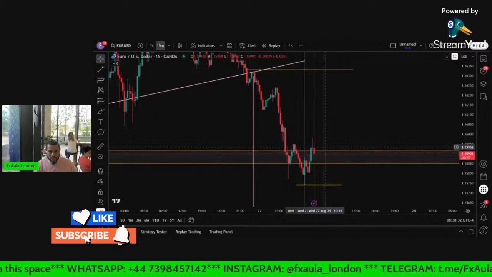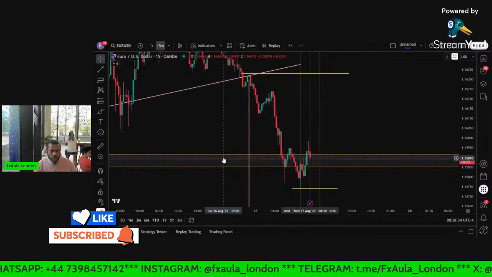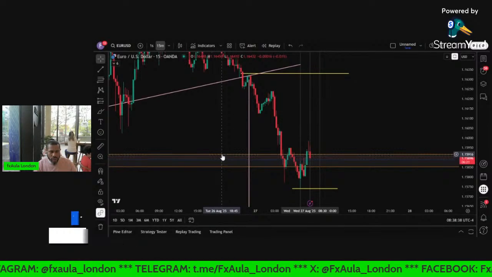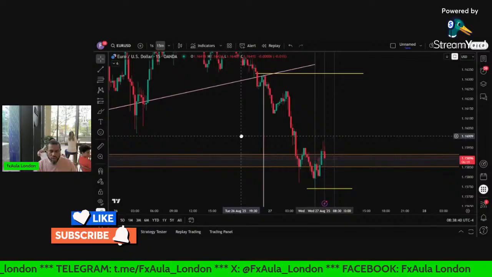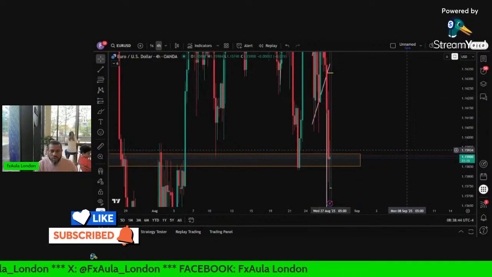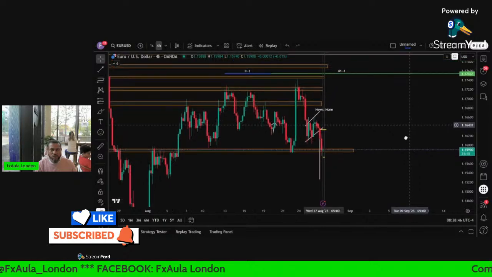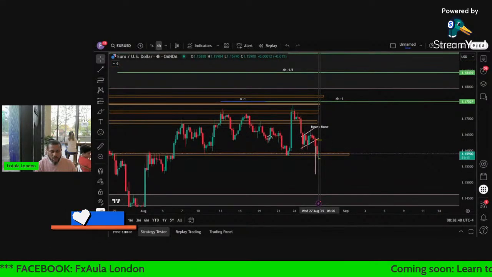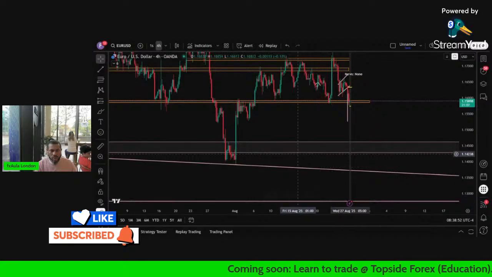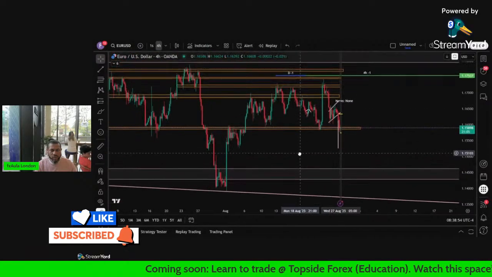We seem to be at a 4-hour support and resistance zone. This orange color is what I denote as my 4-hour levels. Let me quickly have a look at what's going on on the higher time frame. Okay, this is a weekly level.